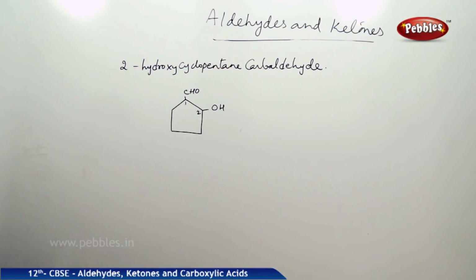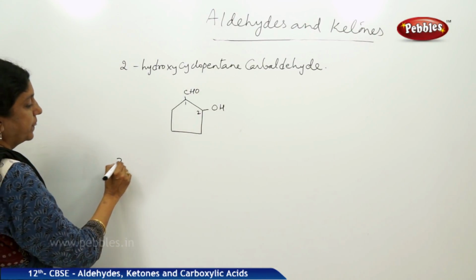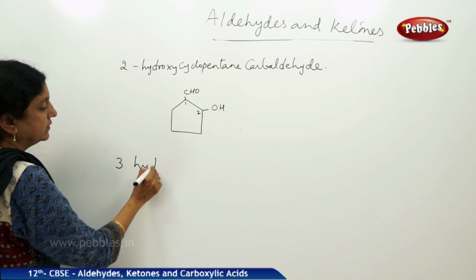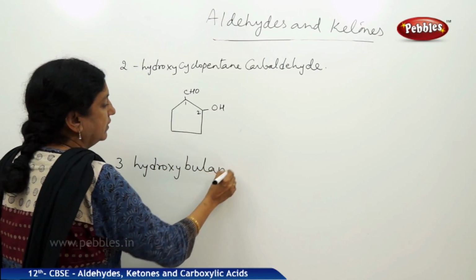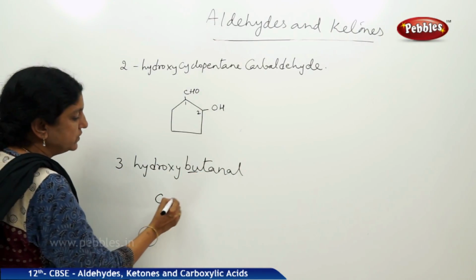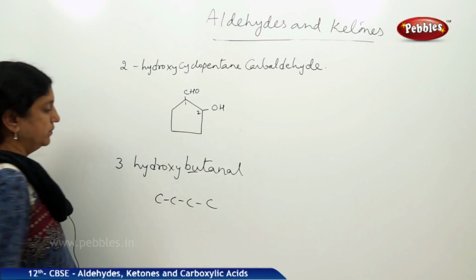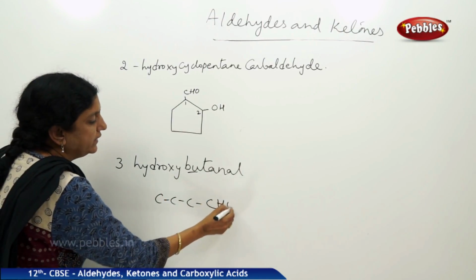Similarly, let us try to draw the structure of 3-hydroxybutanal. Butanal. But meaning 4 carbons, and one of the carbons must be involved in the aldehydic group.